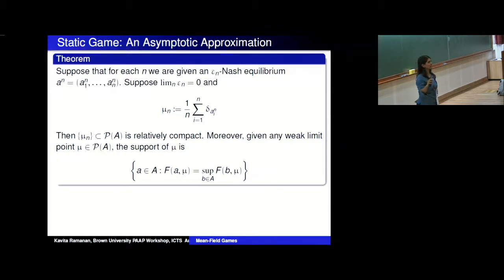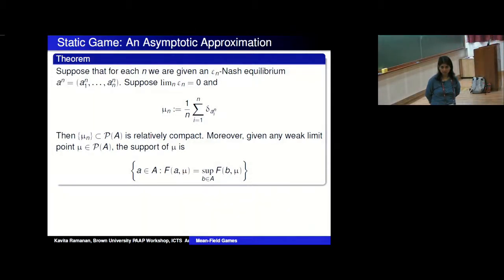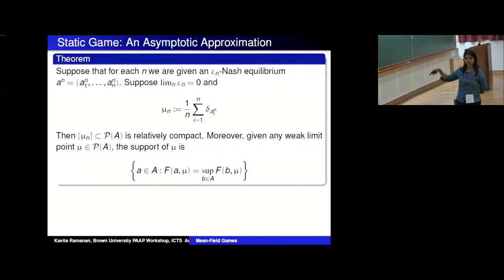So what he's asking is, do you know that there will always be an epsilon_n Nash equilibrium for a game? Are you asking in the limit? I'm going to talk about that. Are you talking about the n-player equilibrium or the limit? Both.